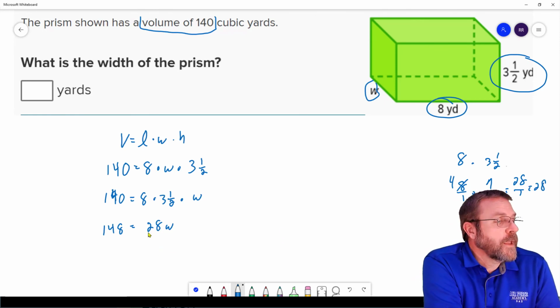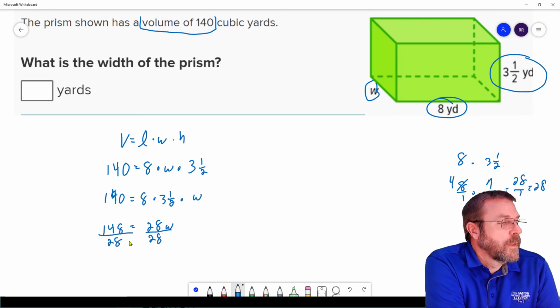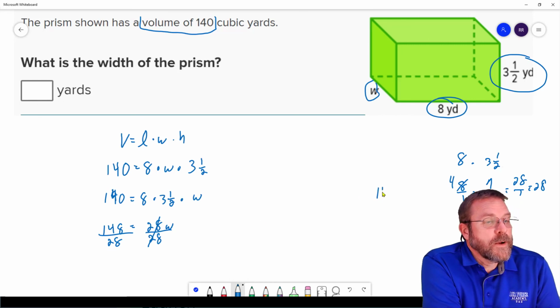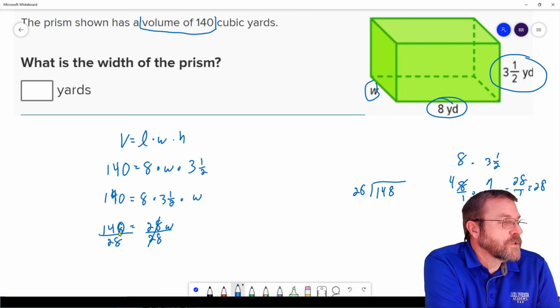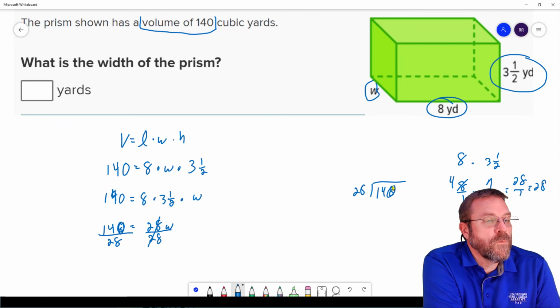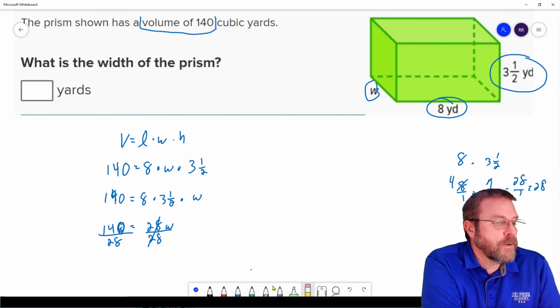Now the last thing I have to do is divide both sides by the 28. Those are gone. And I can come over and put that inside a house as well. 140 divided by 28. Let me write that a little bit neater because I sure did mess all that up.